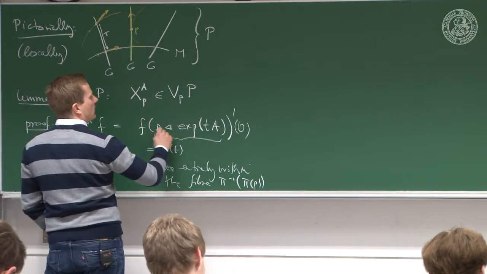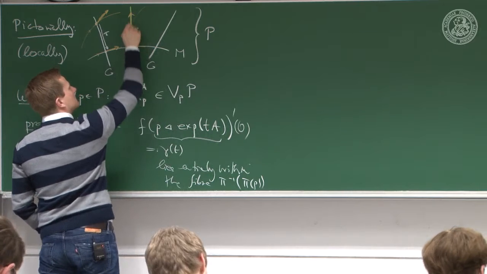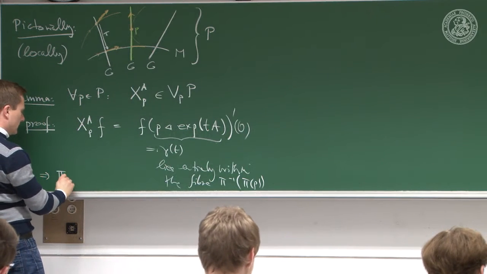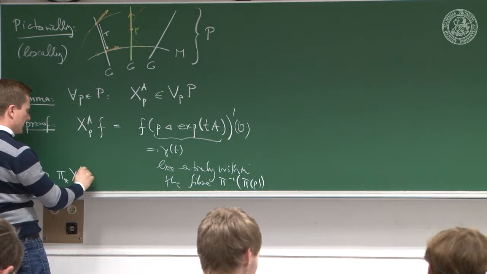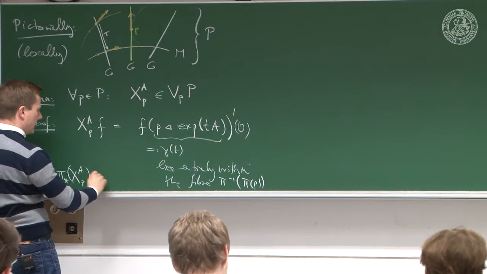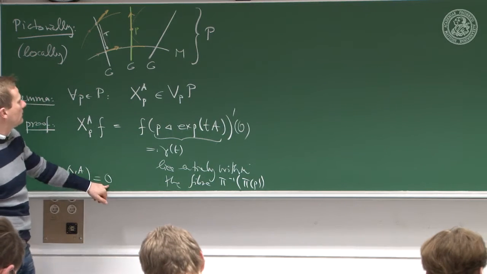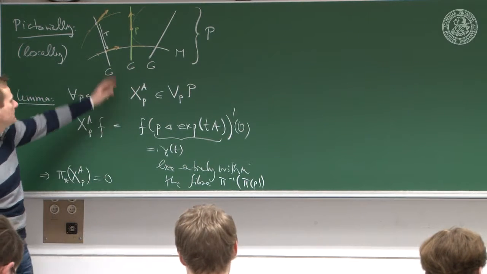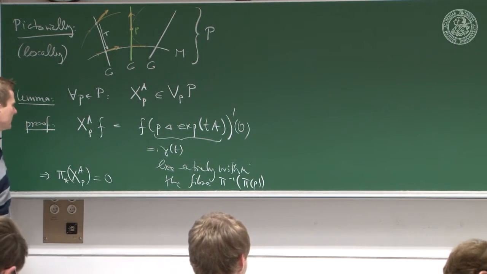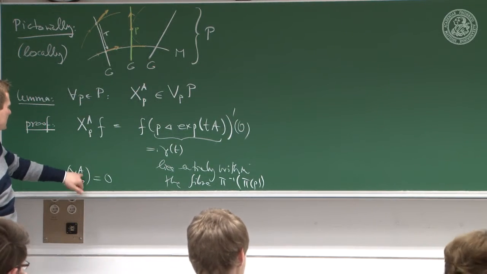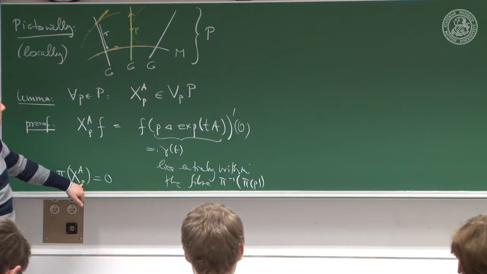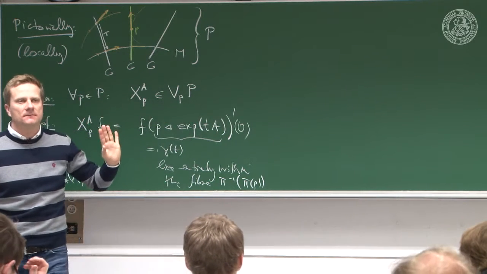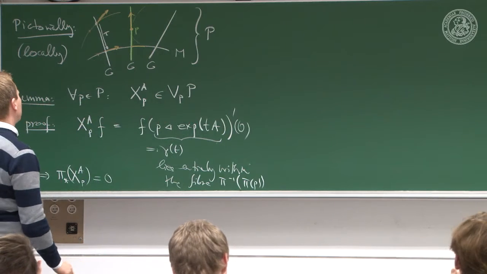That means if you look at this curve here, it lies entirely within the fiber, and hence it follows that the push forward of this vector X_A under π can only lead to the zero vector here in the tangent space to the base manifold, but that means that X_A is an element of the vertical subspace. Okay, that's it. So what have we seen so far?